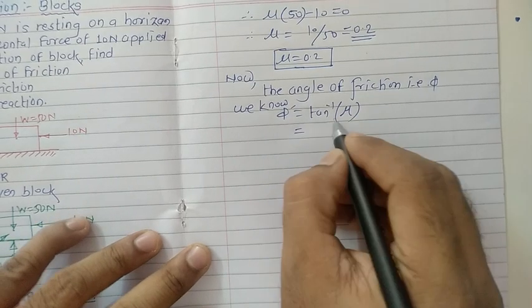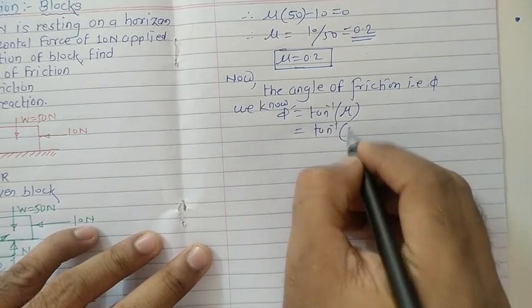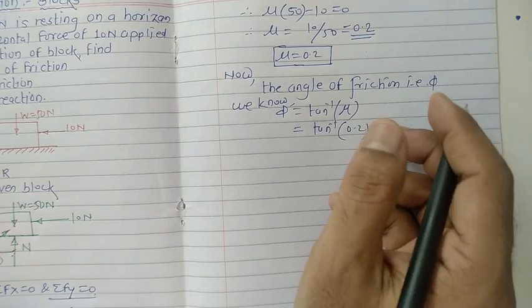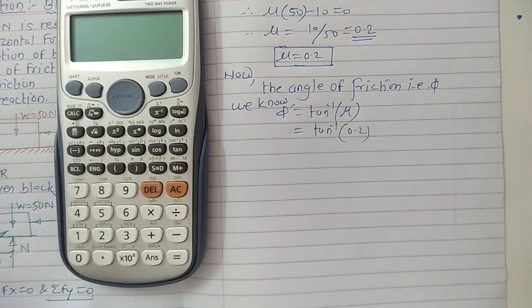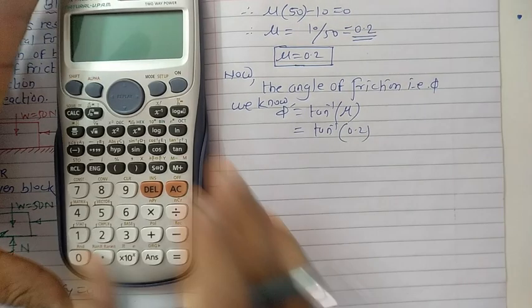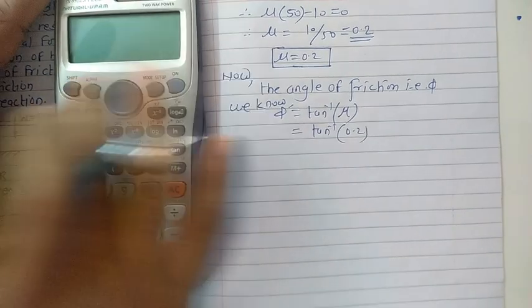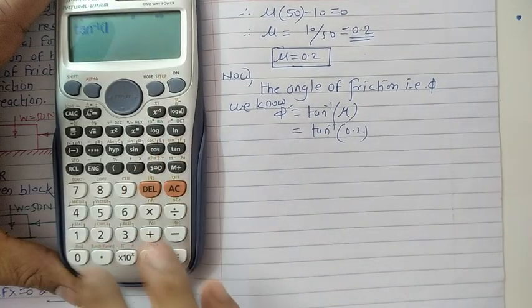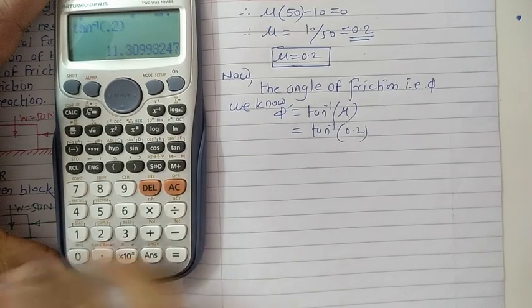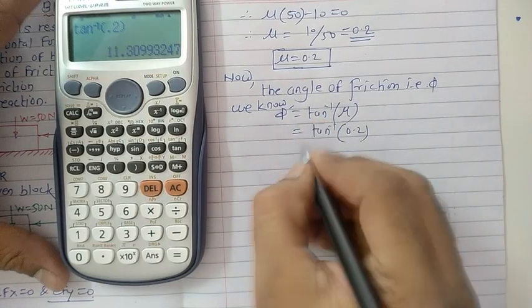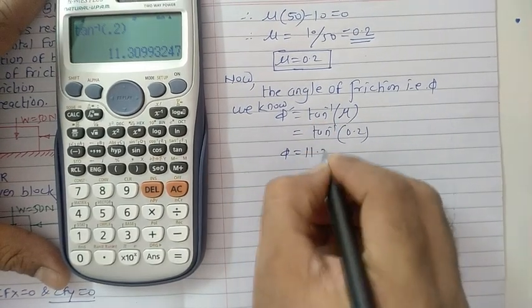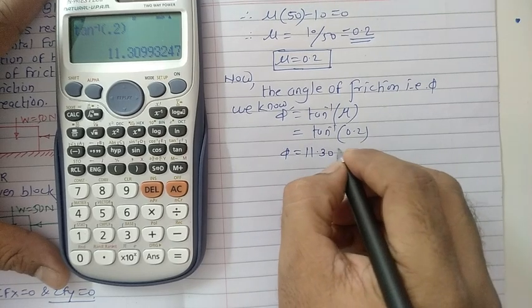In this case we know the value of mu. Just substitute here and do the calculation with the help of a calculator. Now get the value of tan inverse of 0.2, and we get phi equals 11.309 degree.